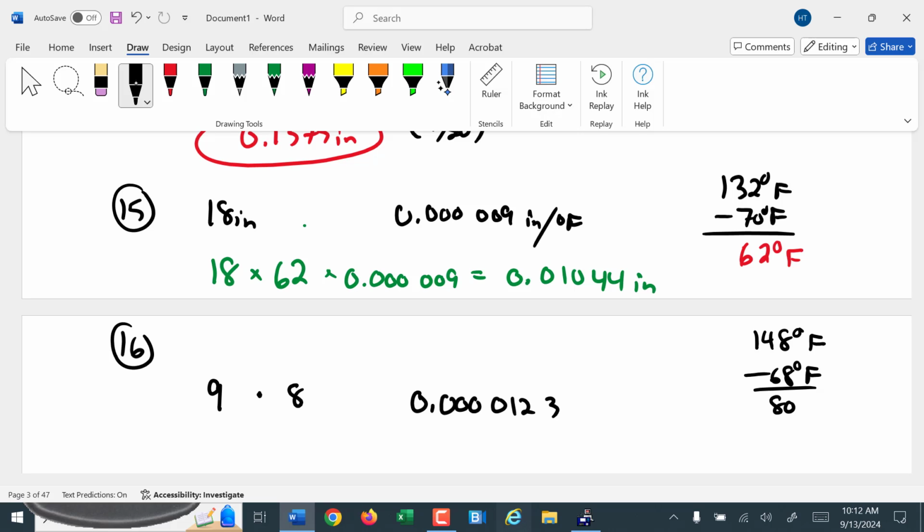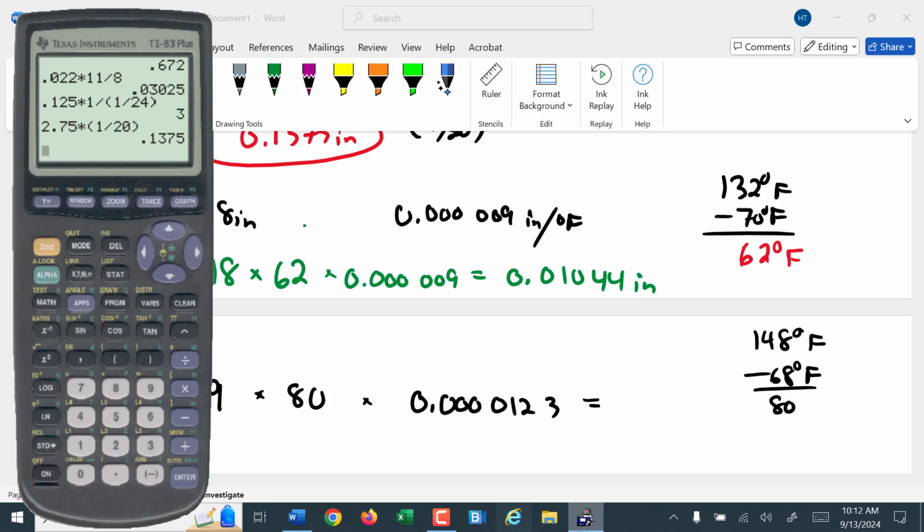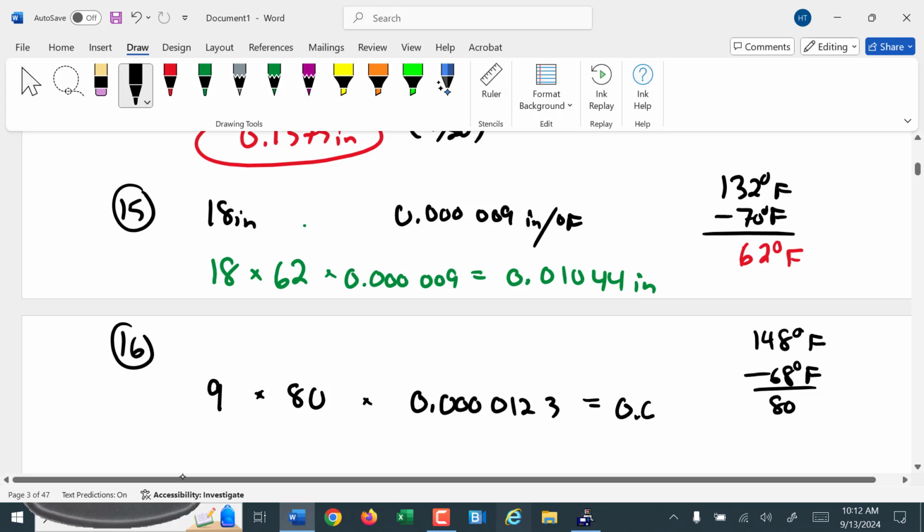So 80 degrees goes in the formula here. So 9 times 80 times that thermal factor. 0.008856, you got it. So about 9 thousandths of an inch would be your expansion there.